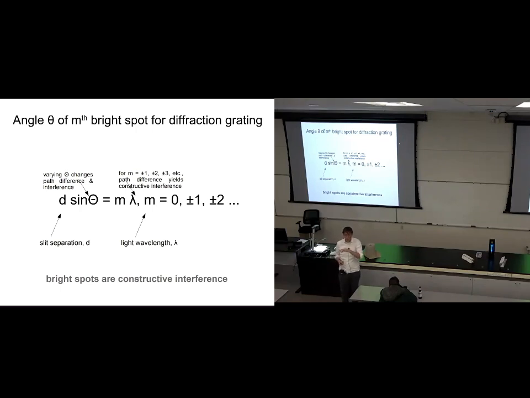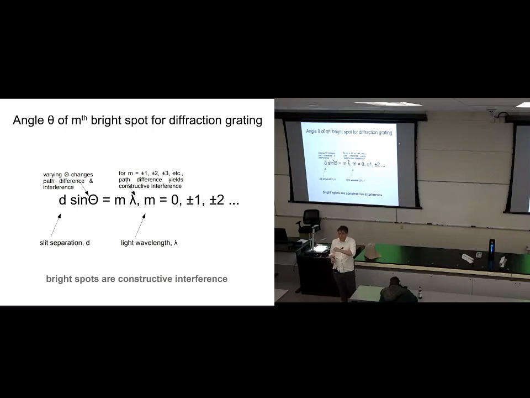So we've just met a case where it started at 1. m equals 1 was the first dark fringe in the single slit pattern. Here, just to confuse things, m equals 0 is the first bright spot in the diffraction pattern. There's no way around this. It's not a convention, it's just nature.